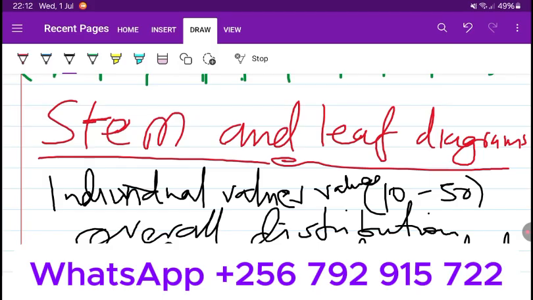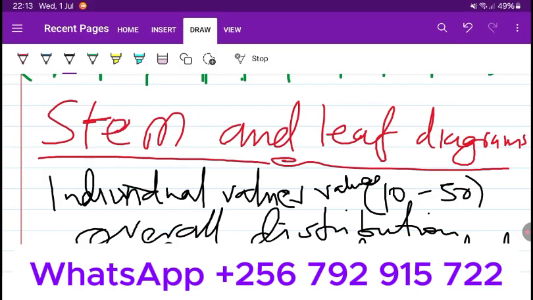And it's a very easy type of graph to construct, easier than any other, whether frequency distribution or a histogram, because it generally displays more information as compared to these other items. We are going to look at the steps and then we understand how we go about drawing it.